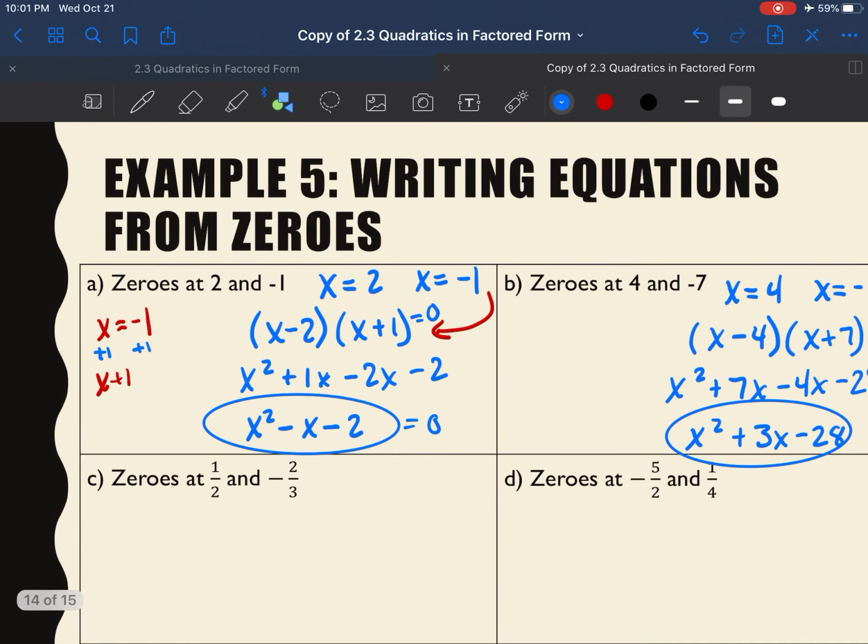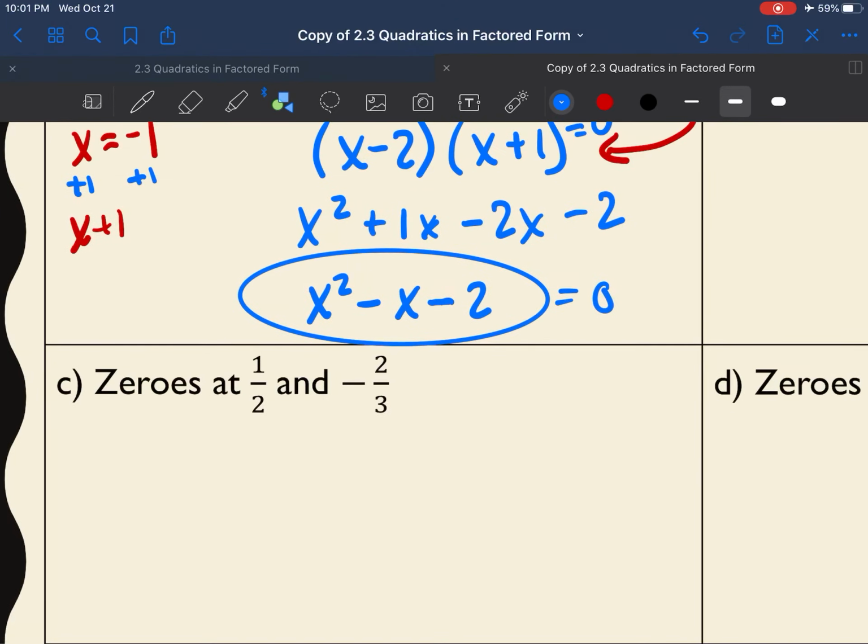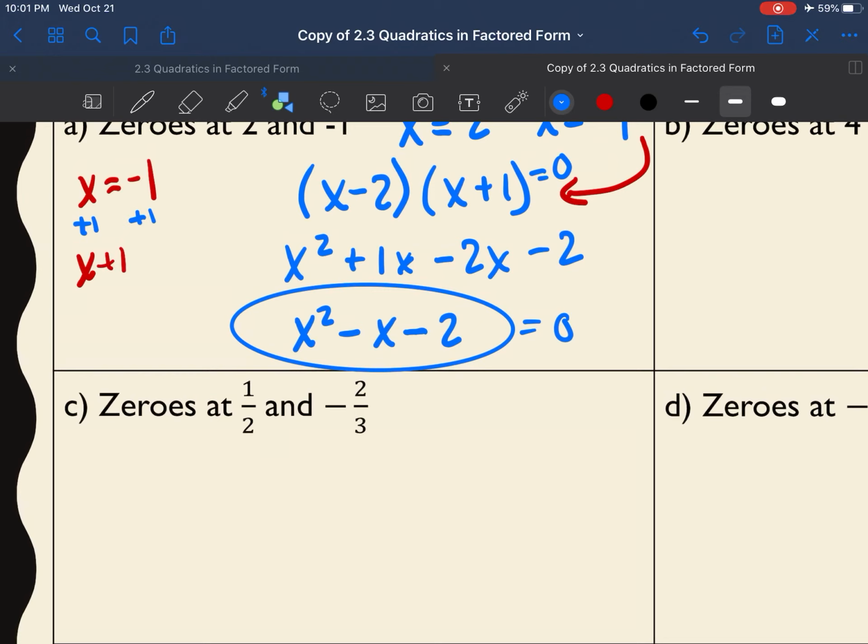The next examples, C and D, are a little bit trickier. So we're basically going to have to do something like this. So we have x equals 1/2. And in order to change that back, we're going to multiply both sides by 2.